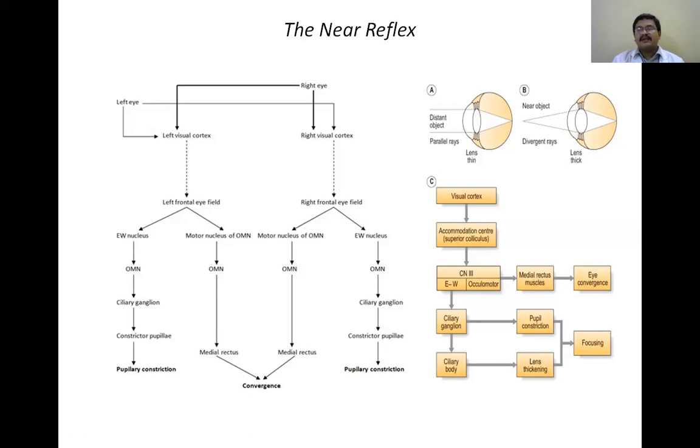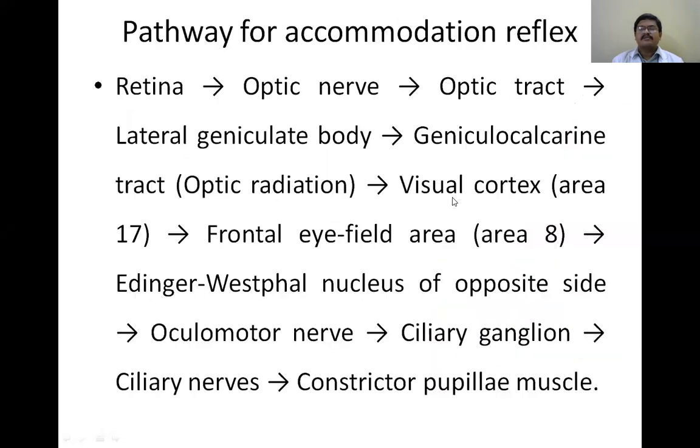The three components are pupillary constriction, accommodation, and convergence. The pathway: retina, optic nerve, optic tract, lateral geniculate body, optic radiations, the visual cortex to the frontal eye field, then the Edinger-Westphal nucleus, and both the oculomotor nerve and the ciliary ganglion for constriction of the pupil and the accommodation.